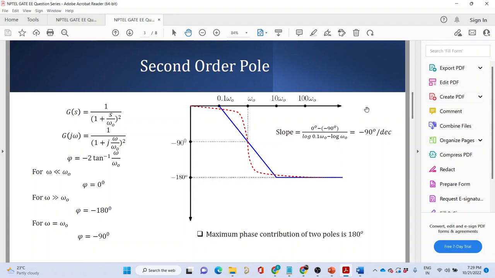We draw a straight line saying this would be my magnitude plot at very low frequencies. From there you see the actual Bode plot, and find the point at which the difference between the straight line and the actual Bode plot is minus 3 dB. That point you can also consider as your pole. That is another method of doing it.